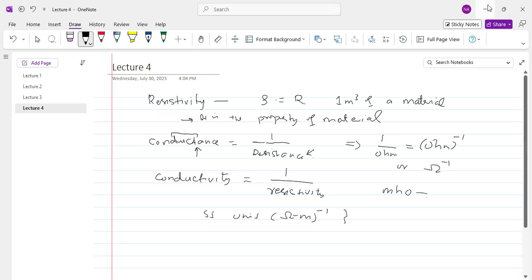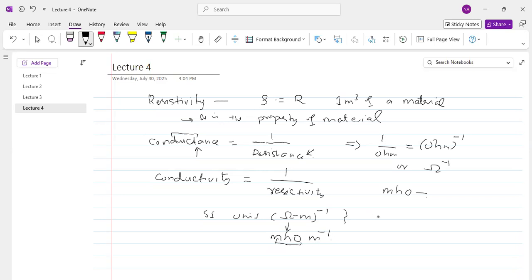Whatsoever will be the case, this can also be written as mho per meter, because the reciprocal of ohm is mho, and meter inverse.